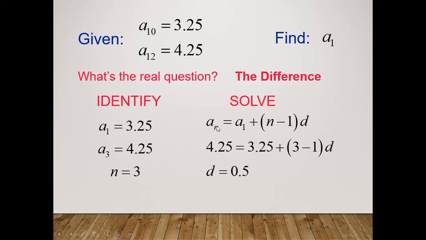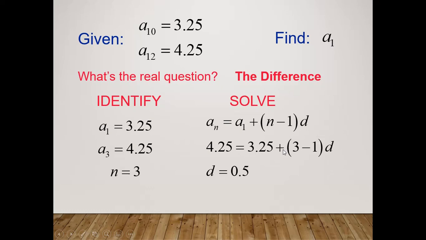So, A sub n is, of course, unknown. Ito, A sub n is 4.25, kunyari, equals A sub 1, unknown yung A sub 1, plus your A sub n, this is the formula, general formula. Okay? Huwag kayong mag-ano dyan. So, A sub n is 4.25 is equal to 3.25 kasi kukunan lang natin yung common difference.